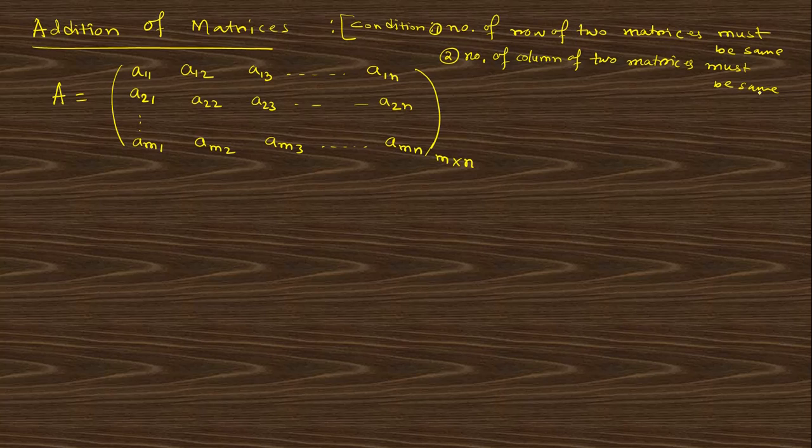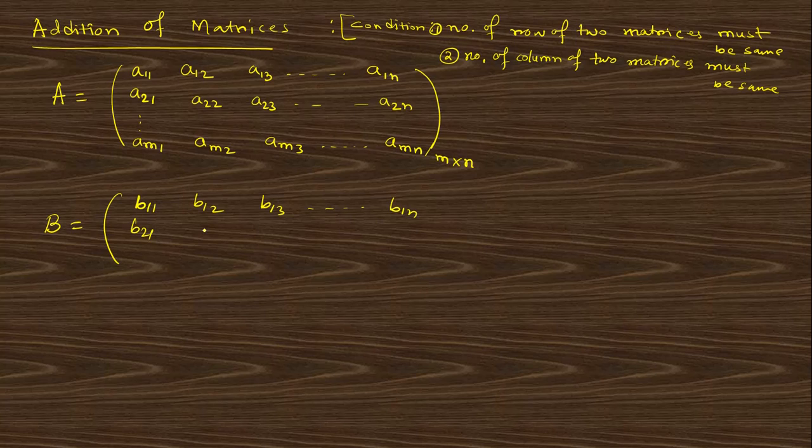Take another matrix, suppose this is B, and the number of rows and columns of B will be equal to the number of rows and columns of A. So this can be written as B11, B12, B13 and B1n.